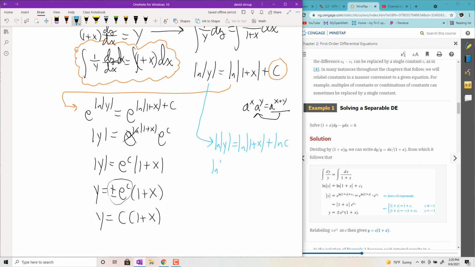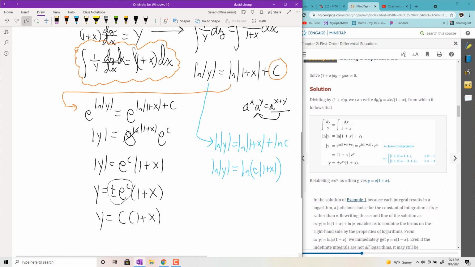And the advantage would be that because we're dealing with natural logs, we can rewrite the ln of 1 plus x plus the ln of c as c times absolute value 1 plus x. Okay, so we could use the product rule to rewrite it as c times the absolute value 1 plus x. Okay, that can make life a little easier.